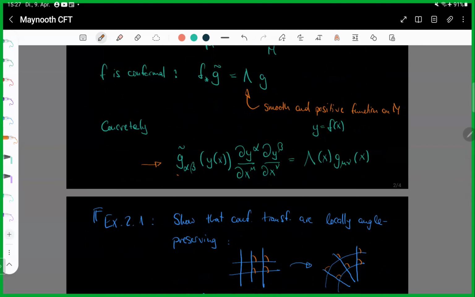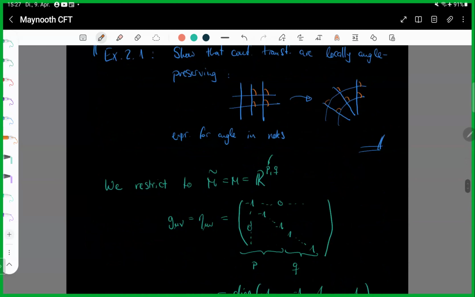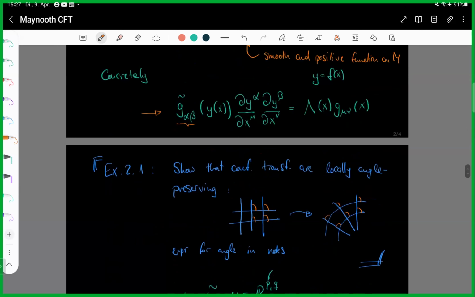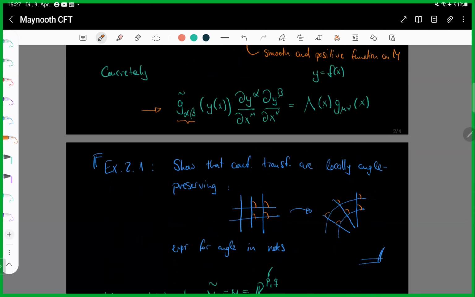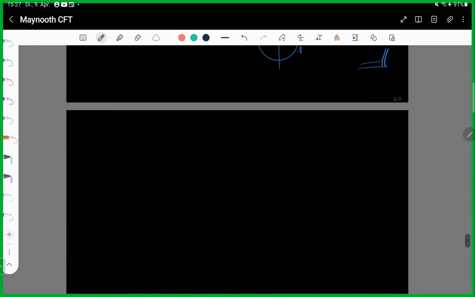You're supposed to take this metric eta, and plug that thing in here and just evaluate these coordinate transformations. And you should get a prefactor lambda. That's what you should find.